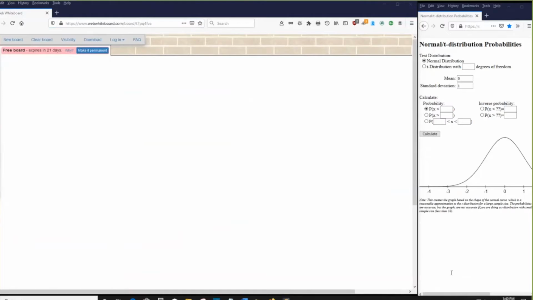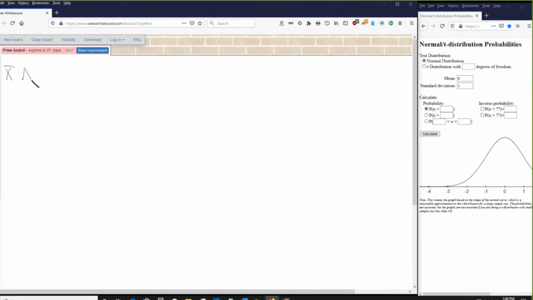Okay, so now, if we have a single population mean, then the formulas we're going to use, we're going to have our sample mean.